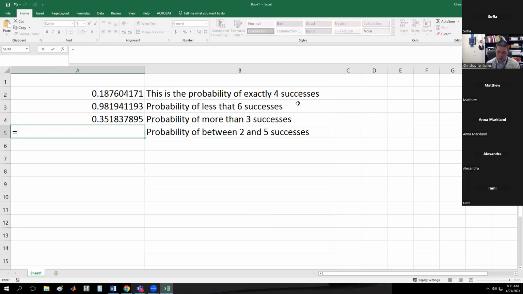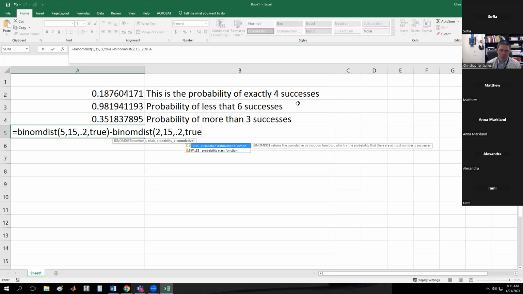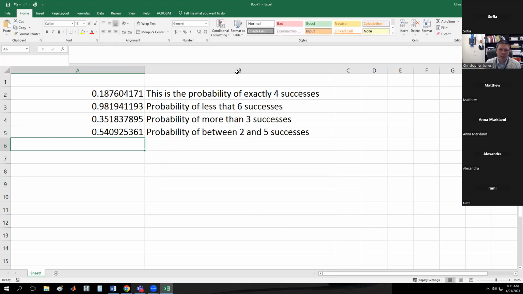So that would be equal to binom dist of 5, comma 15, comma 0.2, comma true, close parenthesis, and then minus binom dist of 2, comma 15, comma 0.2, comma true. Right? And then if I go ahead and execute that, that gives me about a 54% probability.